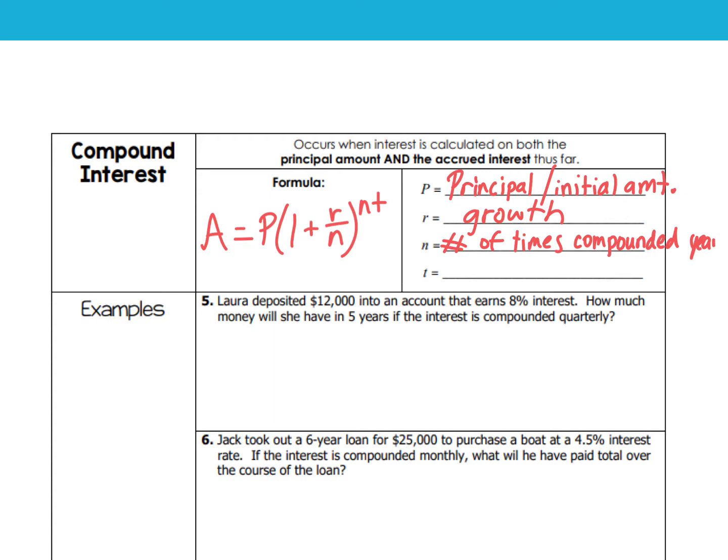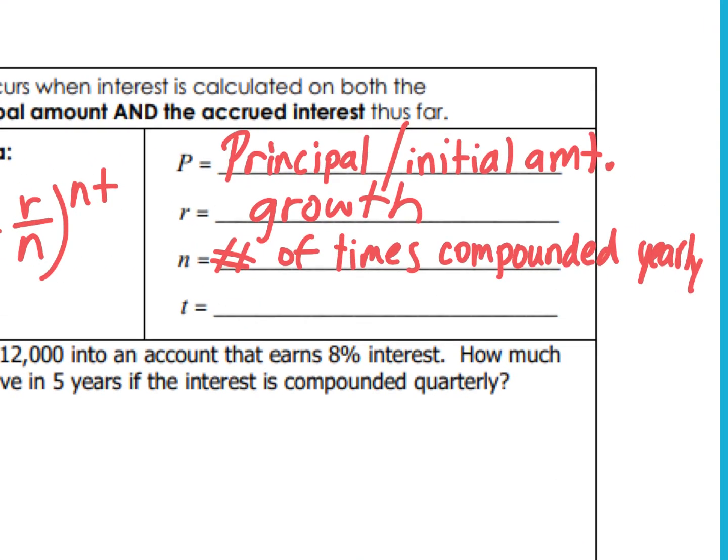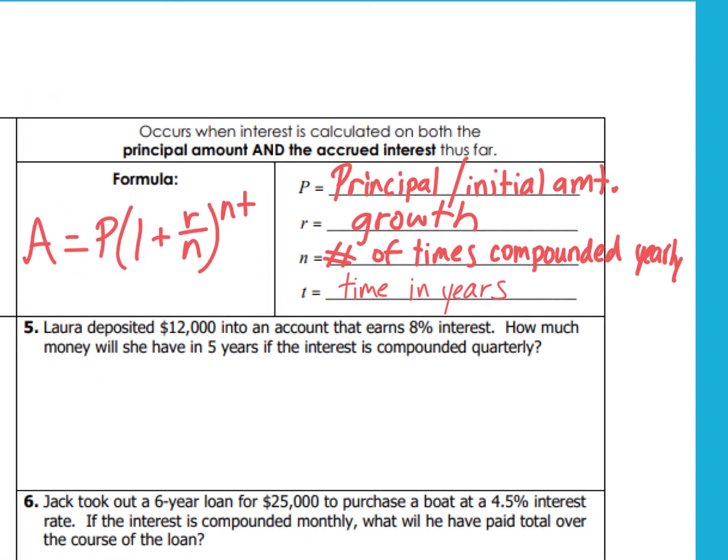So we'll write yearly or annually. Keyword is yearly, so make sure you write that. And then last but not least, we've got t, time in years. Got that down? Okay.